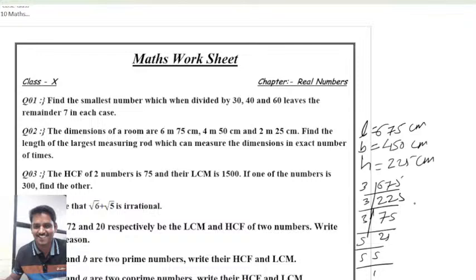So 675 can be factorized as 3 cube into 5 square. Then factorize 450. Quickly tell me the factorization of 450.